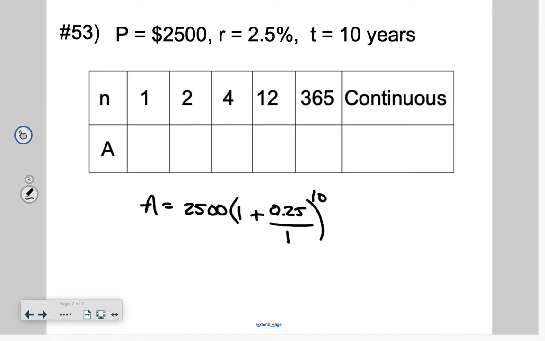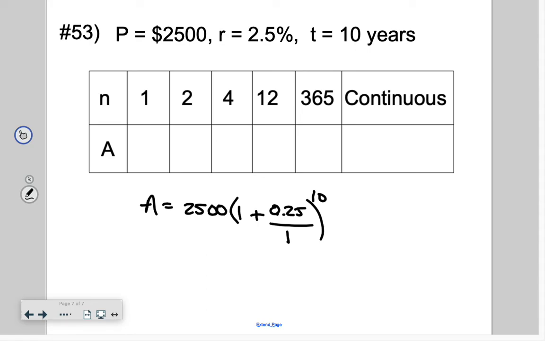So if we're going to type this in, 2,500 times, we'll put parentheses in, 1 plus. General rule on any calculator, anytime you put a fraction into the calculator, put it in parentheses. So I'm going to put, oh, no, I wrote it wrong. I said 0.025 and then I wrote 0.25 on the board.